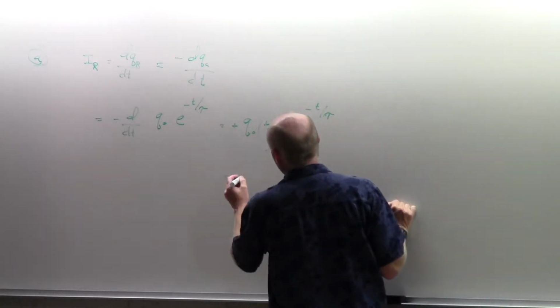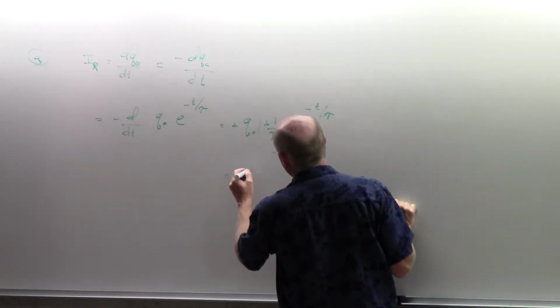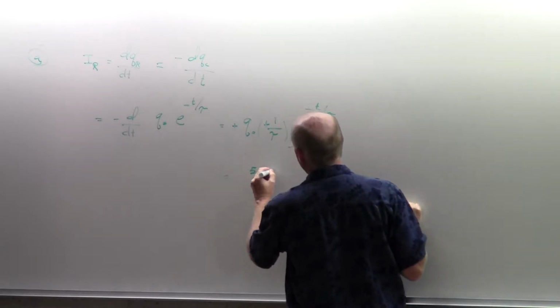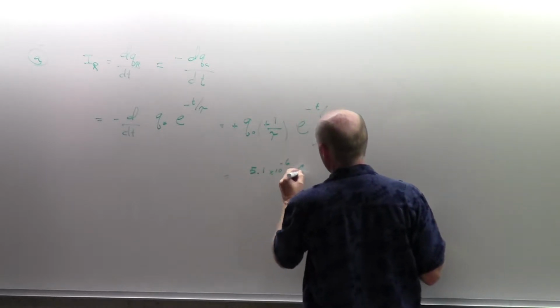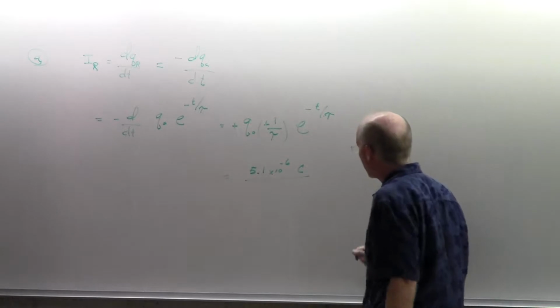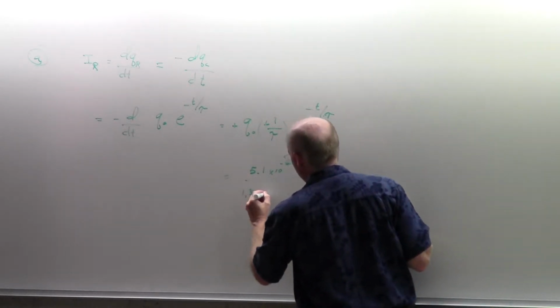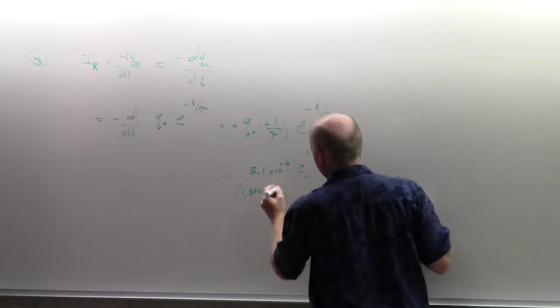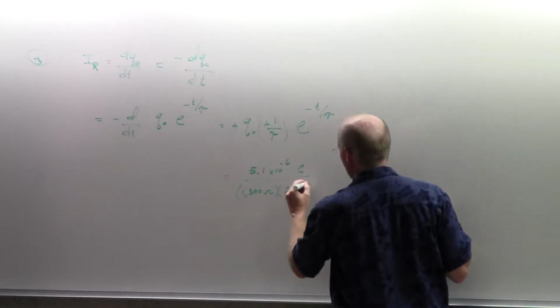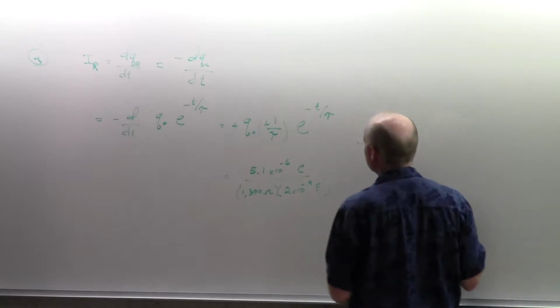Okay, and now I can put this number in. This is the 5.1 microcoulombs here. Downstairs is the 1,300 ohms times the 2 nanofarads.